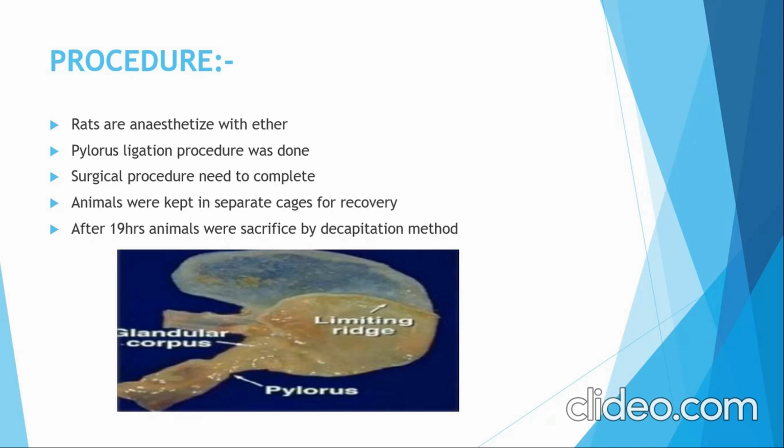The gastric content is separated and kept aside, and it is assayed against one normal NaOH to find out the acidity. Along with that, the stomach is placed over plain paper to find out the ulceration in the gastric mucosa.